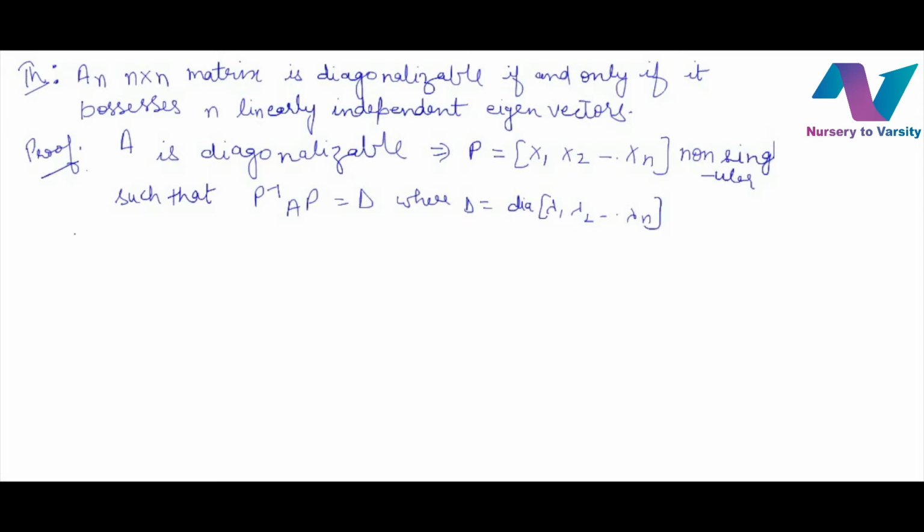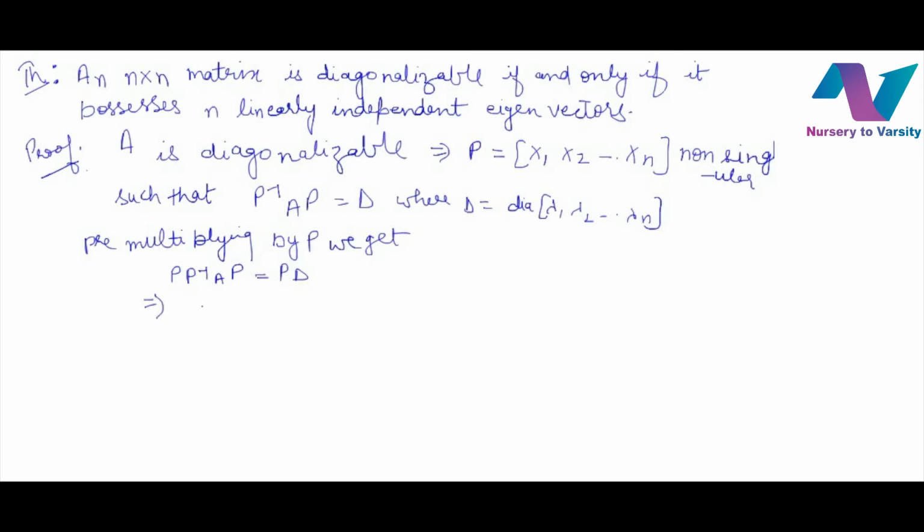Now, pre-multiplying both sides by P, we get P inverse AP is equal to PD.